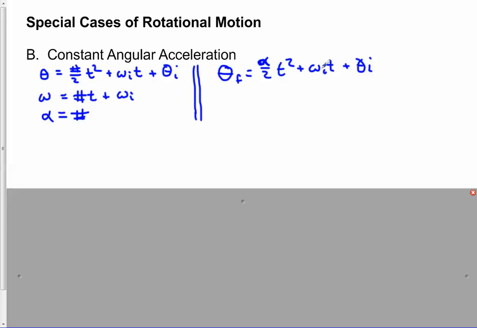That's a formula where, if you have 4 of alpha, t, omega i, theta i, and theta f and are missing 1, you can use this formula to figure out the missing 1. You know how that works. The second one here also, I can say that omega f is alpha t plus omega i.